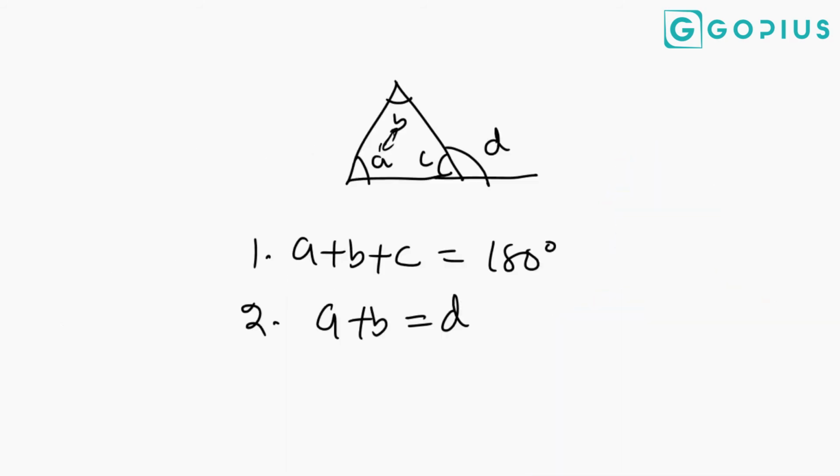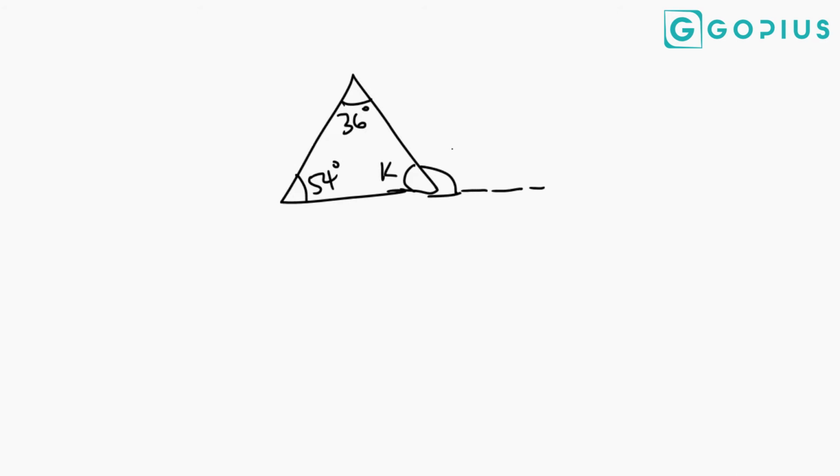Alright, now on the next screen you can see that you can be given something like this. Maybe you are told this angle is 54 degrees. Maybe you are told that this other angle is 36 degrees, for instance, and you are asked to find angle K, and you are also asked to find angle M. Now we find K first, which says that the sum of angles in a triangle is always equal to 180 degrees.